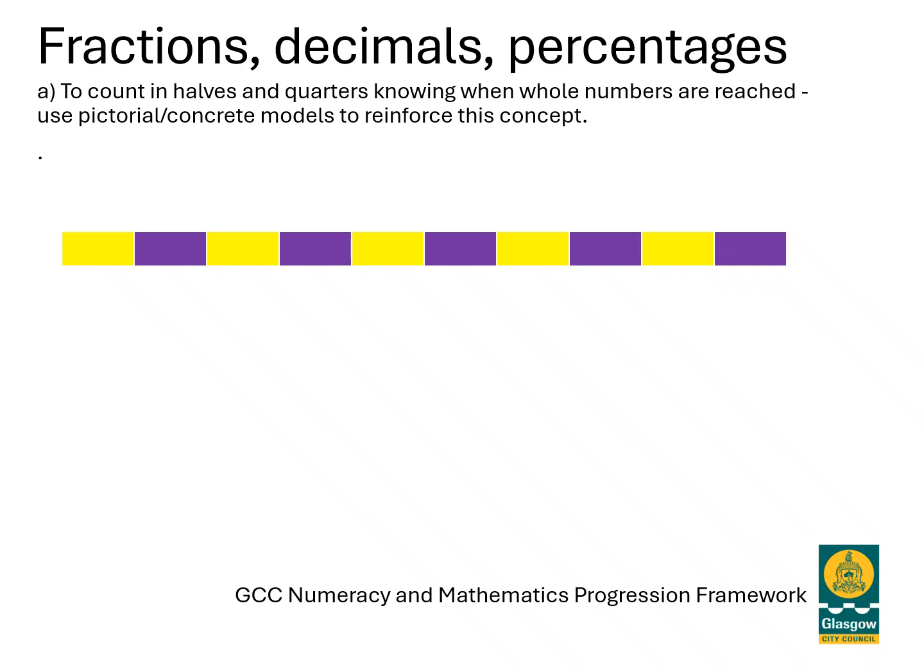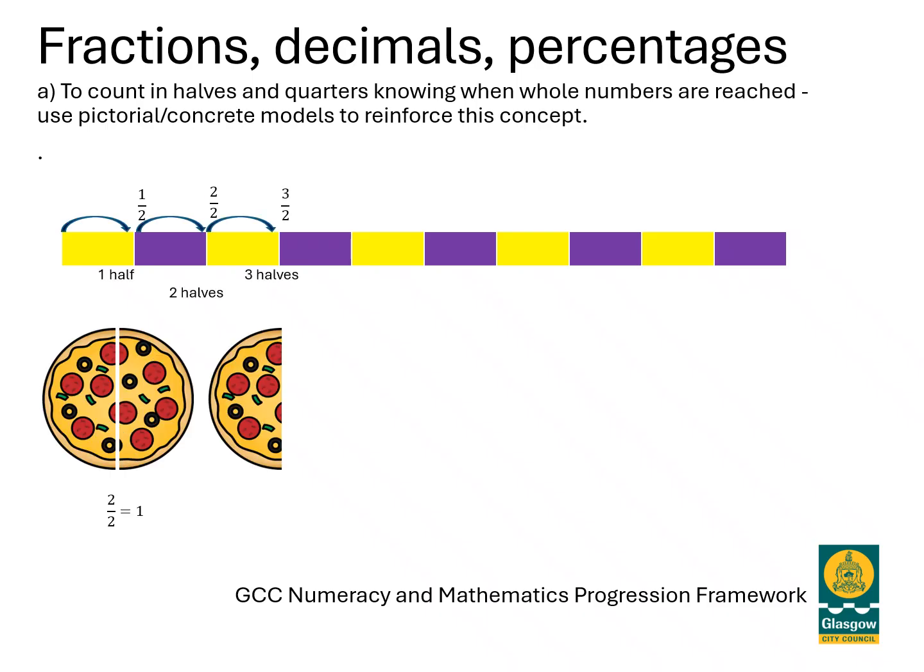So counting routines are really important here, and we can use counting routines so that they get the idea of the number word sequence in terms of halves here, so 1 half, 2 halves, 3 halves, and then build on that ideally with some sort of visual or physical representation so that they can clearly see as they're adding another half, they're creating wholes. So you can build on that and move the number word sequence on from 1 half, 2 halves, 3 halves to saying 1 half, a whole, 1 and a half, 2, 2 and a half, 3.